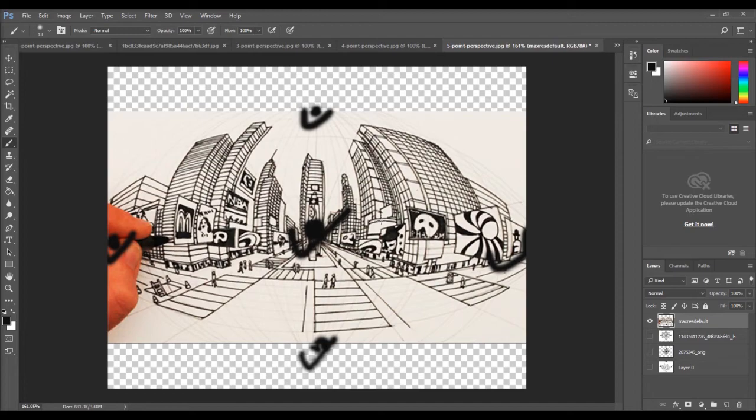The 6th vanishing point, which is located exactly opposite the 5th vanishing point behind the viewer, gives us a 360 degree view. A 6-point perspective requires two separate illustrations to understand, one in front of us and the second behind us.